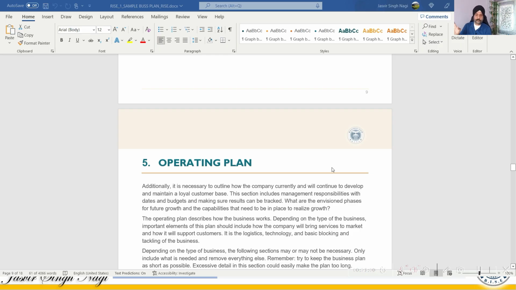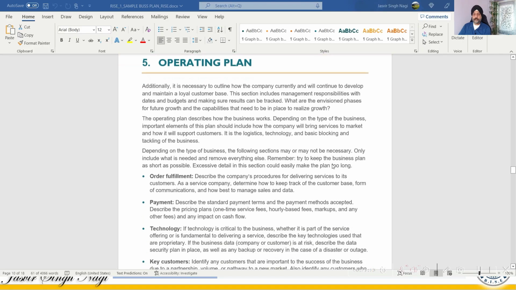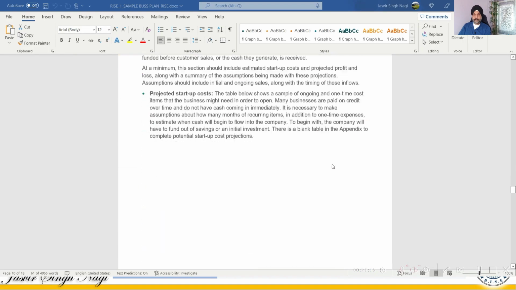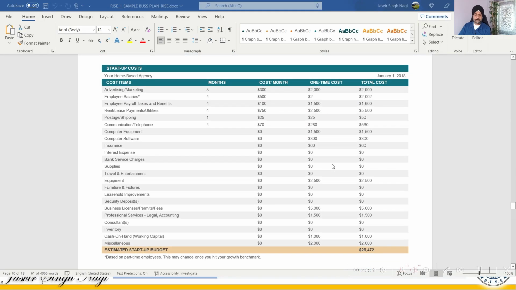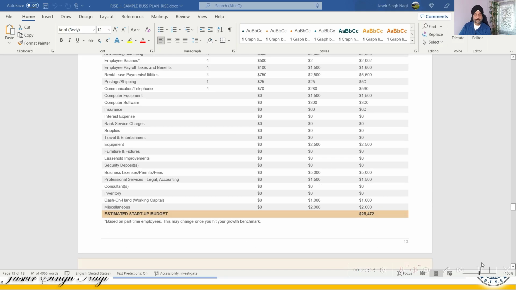So what is that size, right? And please understand, there's a very detailed research mechanism for doing this, which we'll go through, I think in Rise 3, if I'm not mistaken, or Rise 2. Okay, so it's one of those. Operating plan, marketing plan, and sales plan, ending with a financial plan. Okay, this is a dummy financial plan, right? The ingredients for this will come from here, and I'll take you through it in a minute.